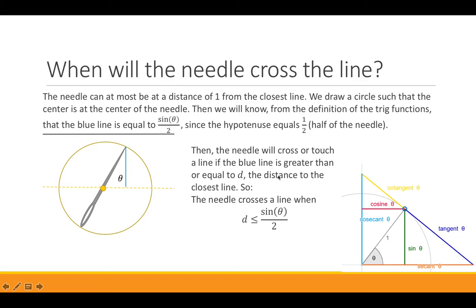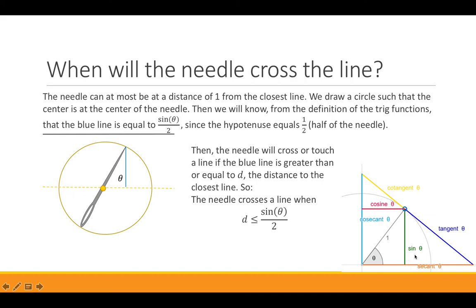So when will the needle cross the line? Well, the needle can at most be a distance of 1 from the closest line, as we said. So we draw a circle such that the center is at the center of the needle. Then we will know from the definition of the trig functions, namely the sine is this one, that the blue line is equal to sine of theta over 2, since the hypotenuse equals 1/2, which is half of the needle.